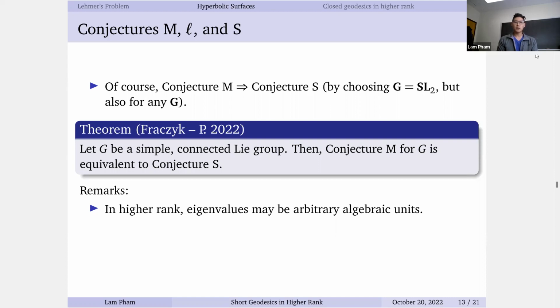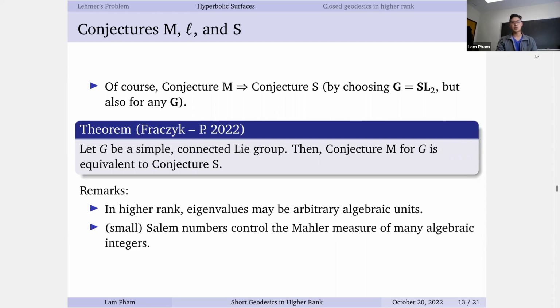And so what this theorem states is that despite the fact that you could have arbitrary algebraic integers for eigenvalues, the fact that these eigenvalues give you a short geodesic is only related to the case of SL2. And I will explain a little bit what that distinction is.